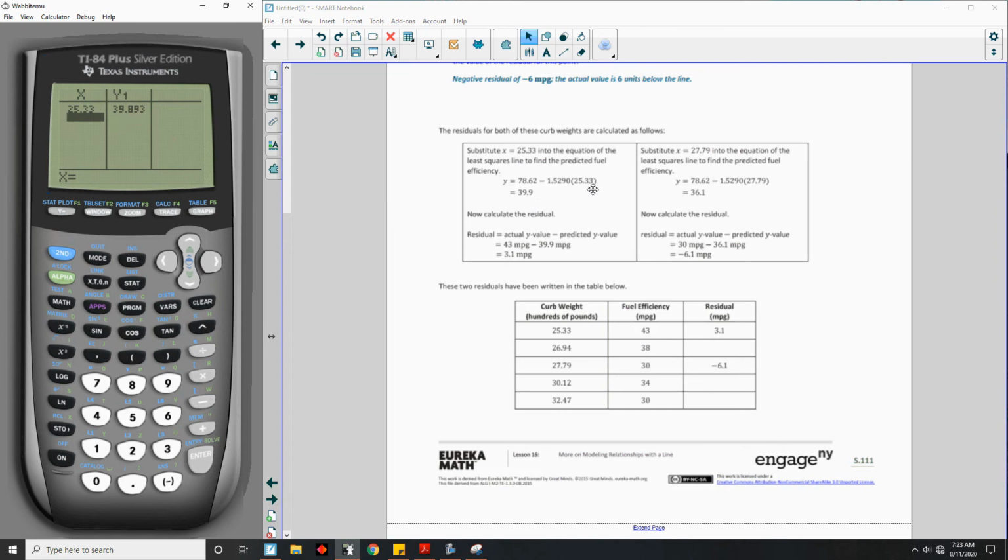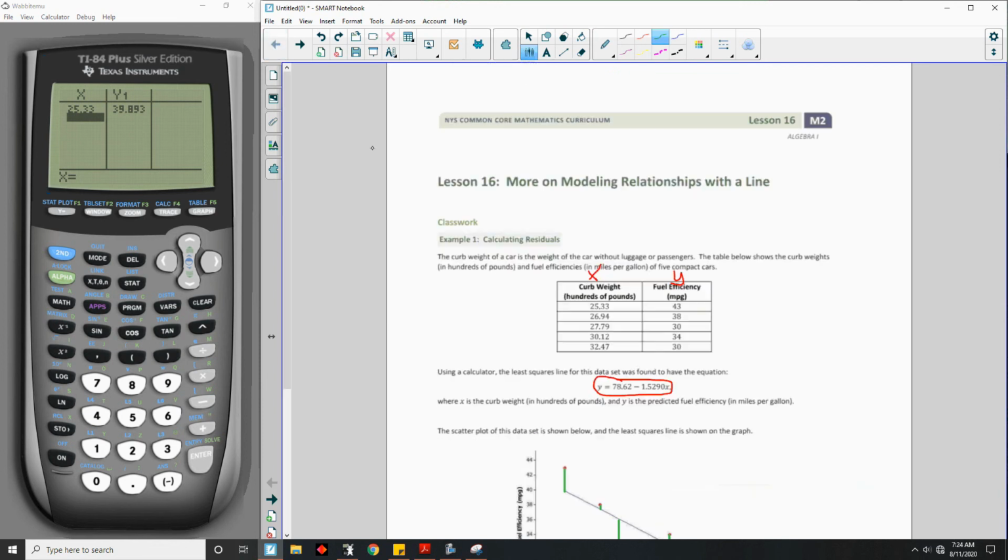Okay, so that was plugging in the actual. Now to calculate the residual is actual minus predicted. So actual was 43. This is our prediction line. 43 miles per gallon minus 39. So we're talking about this value right here. Let me switch to my pen. So if I go back to the table on the previous page, 25.33, the actual was 43.